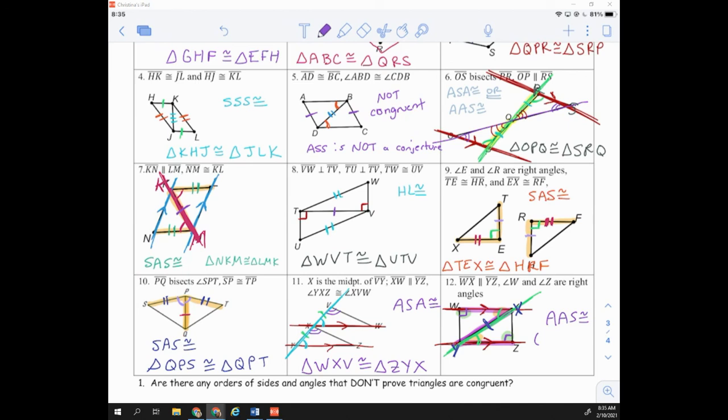You could also do ASA on this one because you have some additional information with those 90-degree angles there, forcing those other pairs of sides to be parallel to one another.